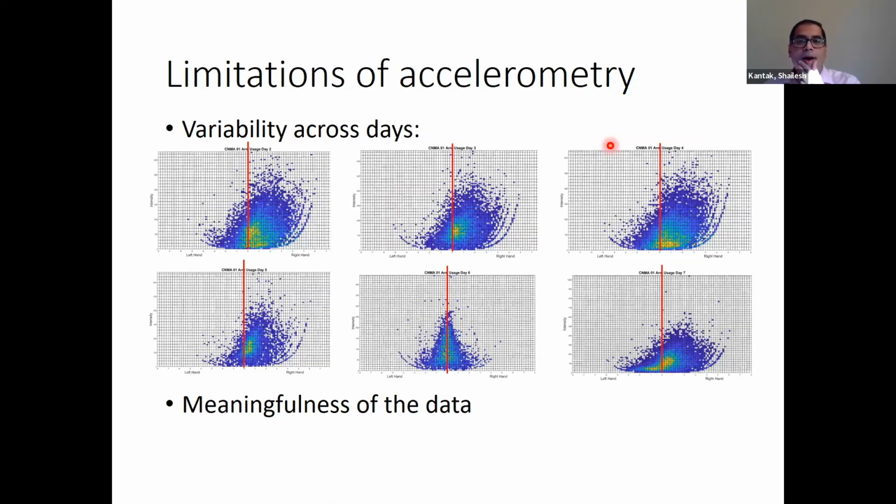While accelerometry is a good way to provide some data, there is considerable variability in the data across days. And this is one of our patients with right hemisphere damage and his data over 6 days. As you can see, his activity was asymmetric for 5 out of 6 days, while for one of those days, it was quite low and symmetric.